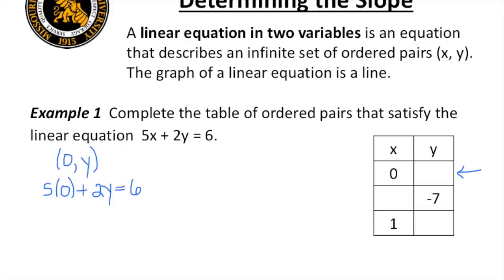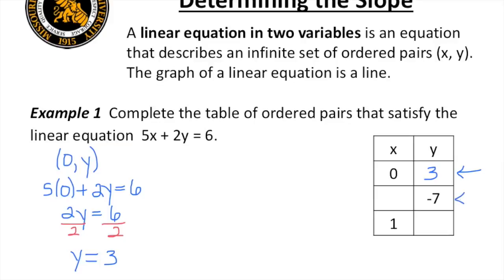So we can now determine what y value corresponds with x equal to 0. 5 times 0 is 0. So rewriting our equation, after doing that product, we get 2y equals 6. Dividing both sides by 2 tells us that y must equal 3. Now we have a complete ordered pair.